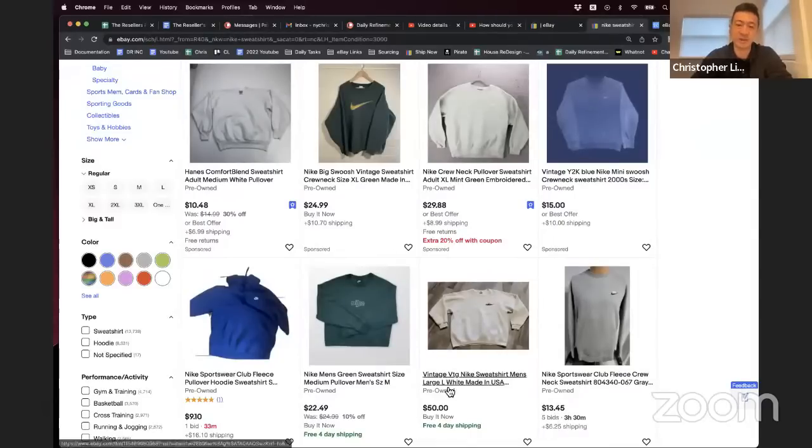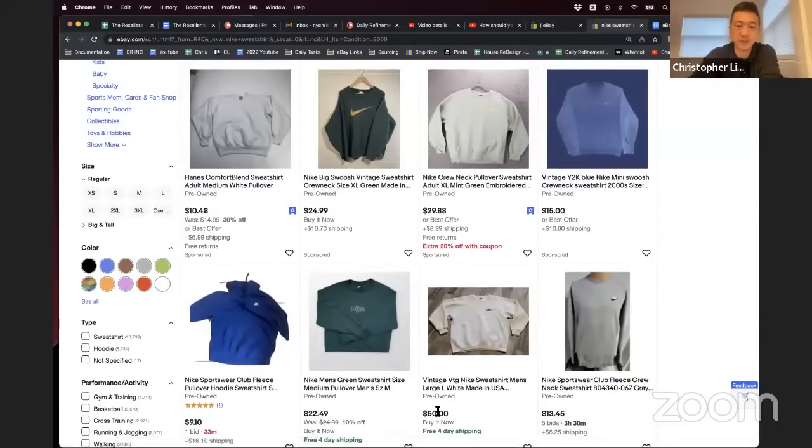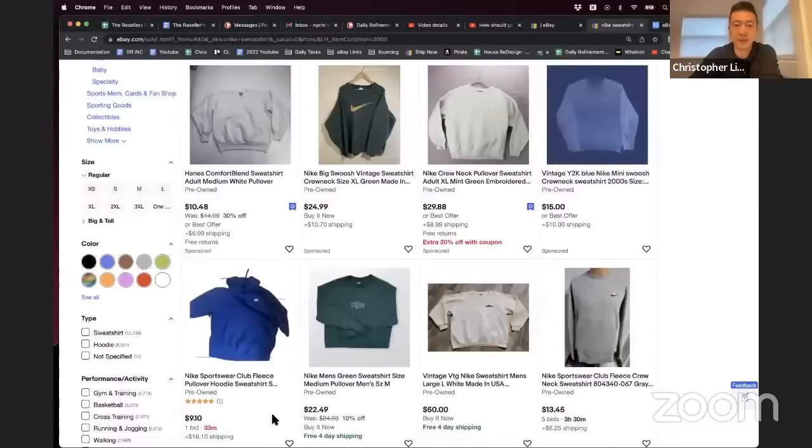Here's one, oh, this is vintage for $50. Look at how crazy these are, all so different. Every single person is charging a different amount for shipping, except for these 2 people down here, who have free shipping. This person on the bottom left has $16 shipping. Wow, that's expensive.